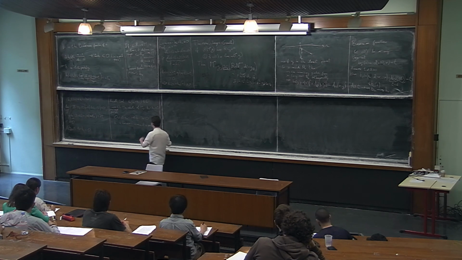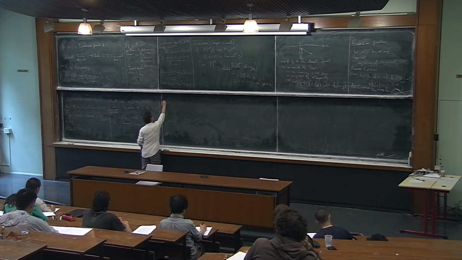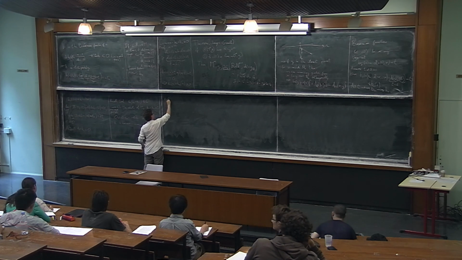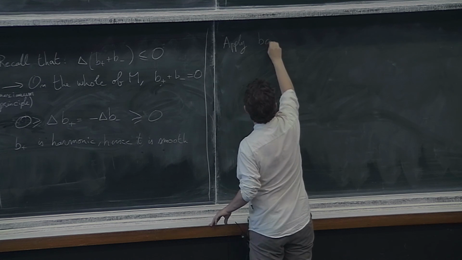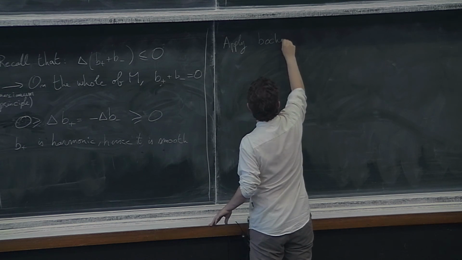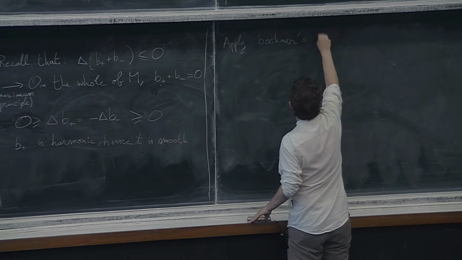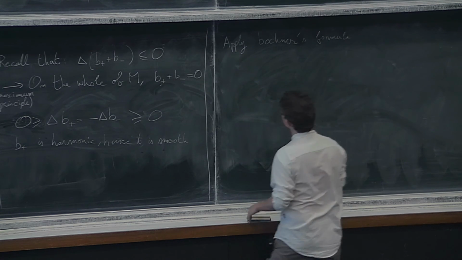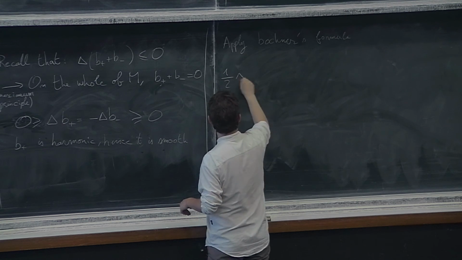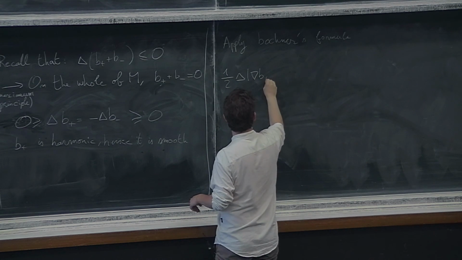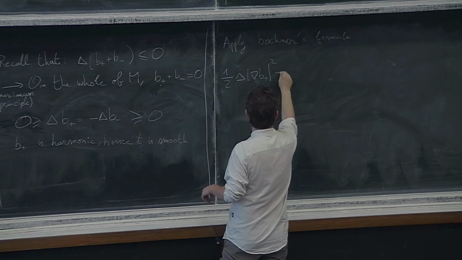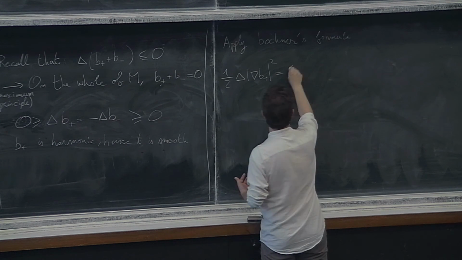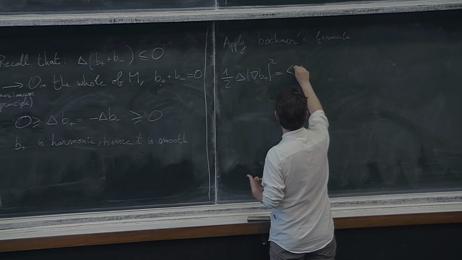Okay, so let's apply Bochner's formula. So 1/2 Laplacian of gradient b plus squared is equal to, well, let's write the full formula.